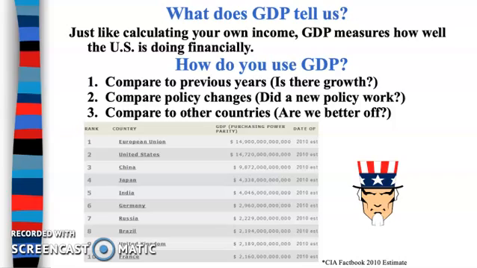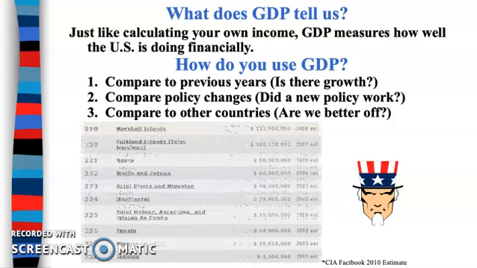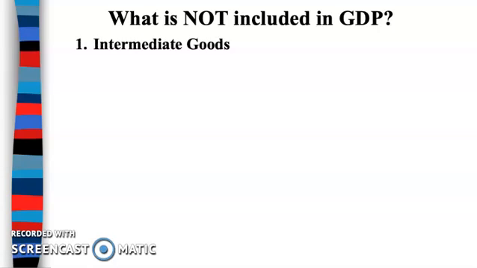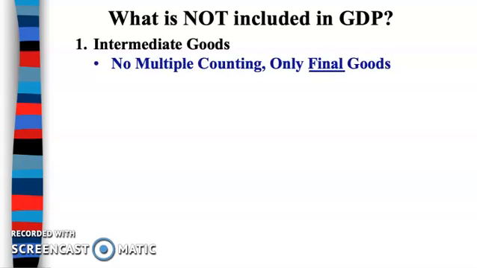However, there are some things that are not included in GDP, and it's as important to know what's not included as what's included in GDP. So, for instance, things that are not included in GDP are, like I've mentioned before, intermediate goods. These are things that are used in the making of other goods. And if you count them, you would essentially be double counting those items.